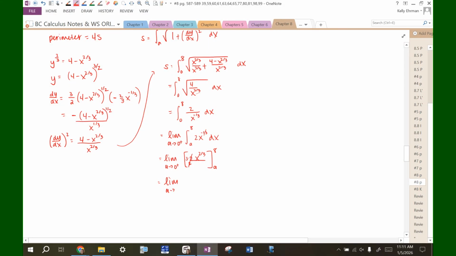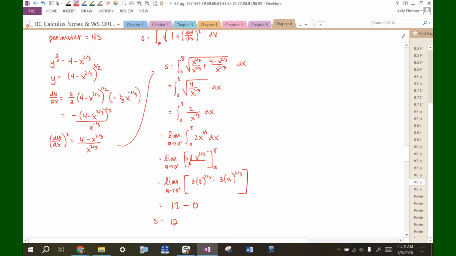The limit as a approaches 0 from the right of 3 times 8 to the 2/3 minus 3 times a to the 2/3. Sorry, getting a little messy here. The cube root of 8 is 2. 2 squared is 4. 3 times 4 is 12 minus 3 times 0.